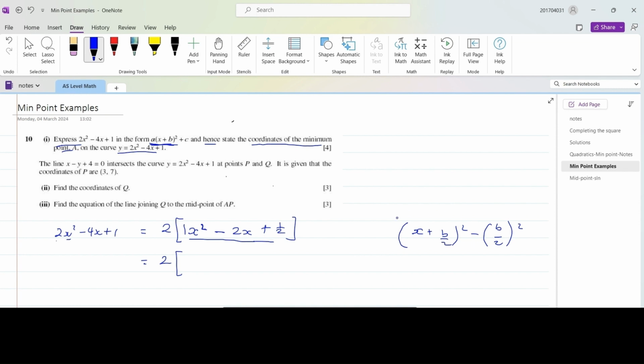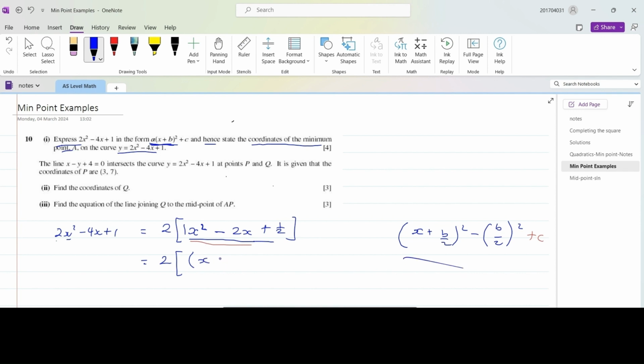This simplifies the part x squared minus 2x, but let's not forget that we still need to bring back our constant c after that. So we put back our round bracket and substitute into this formula.